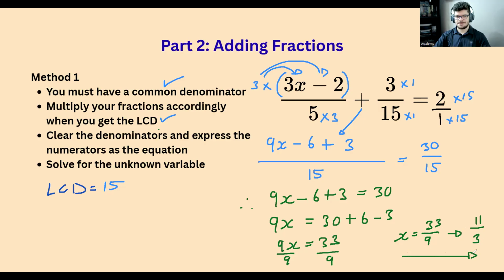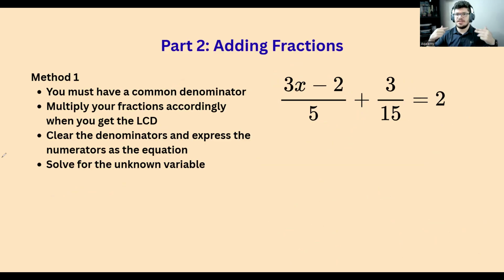Okay, can you see? I hope you get the idea here. So that was method 1. Get the LCD, cancel the denominator, express the numerator as the linear equation, solve for x.